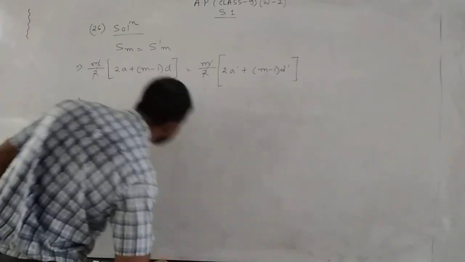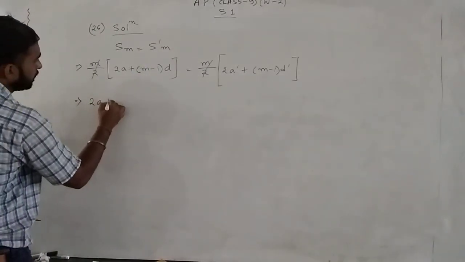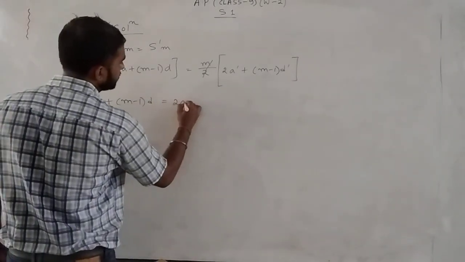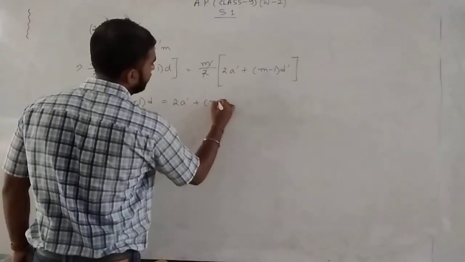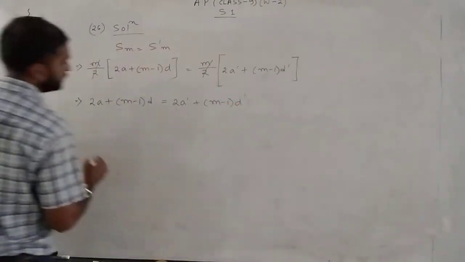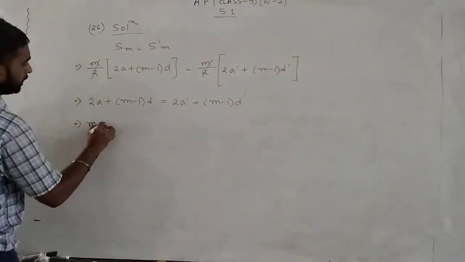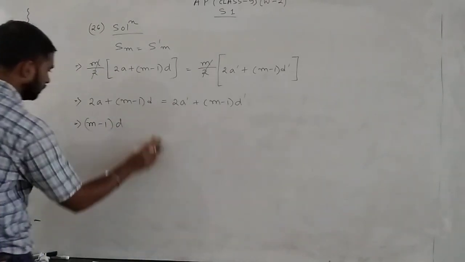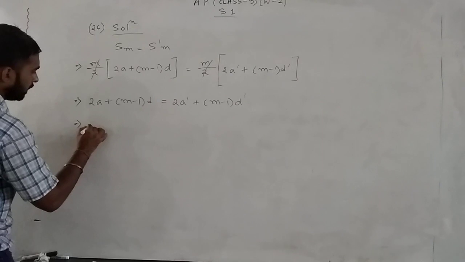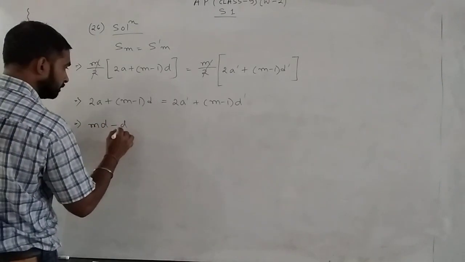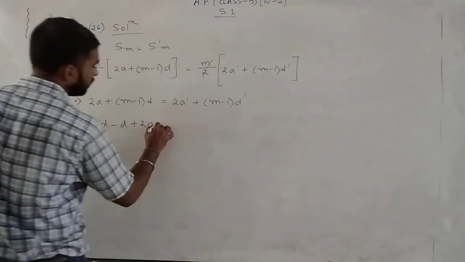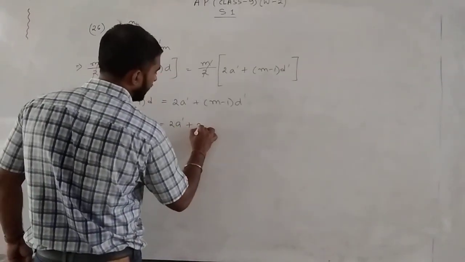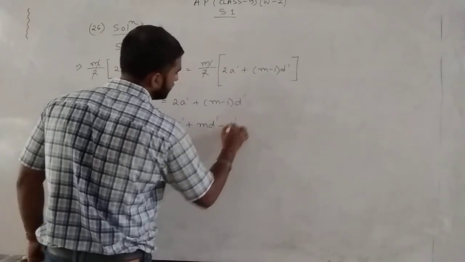We will find m now. Okay. Twice A plus m minus 1 D equals twice A dash plus m minus 1 D dash. So multiply them, find the value of m D minus D plus twice A equal twice A dash plus m D dash minus D dash.